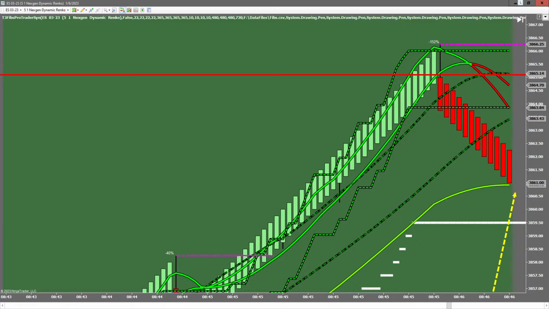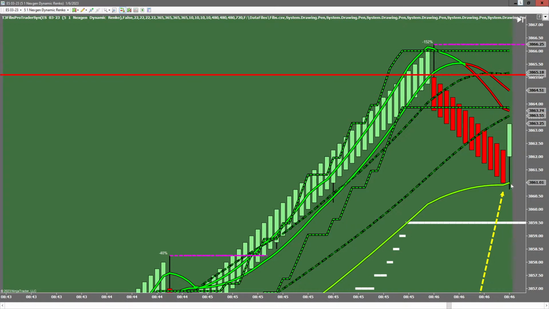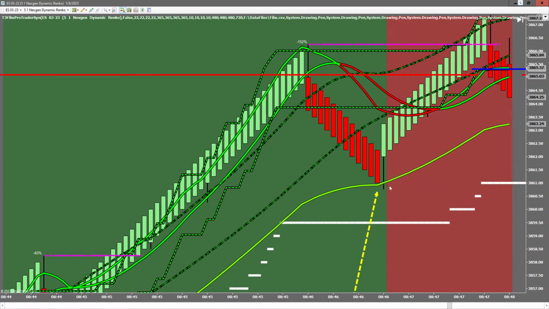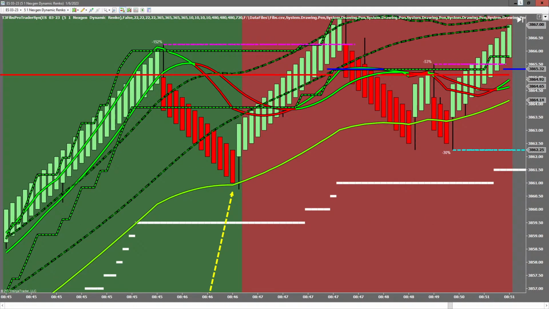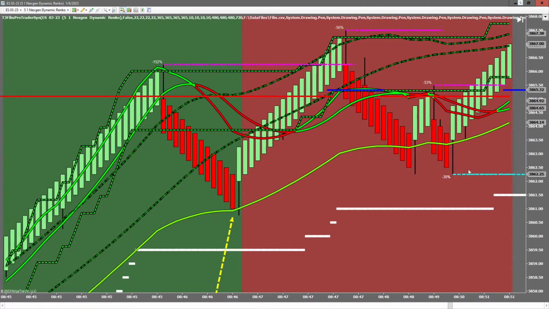This would be the spot where you would say, I'm going long at the midband. That's a very difficult long trade because you have divergence at fibs and things are going sideways and you're below all of your triggers. Now you get away with it. But again, that's a more difficult trade.